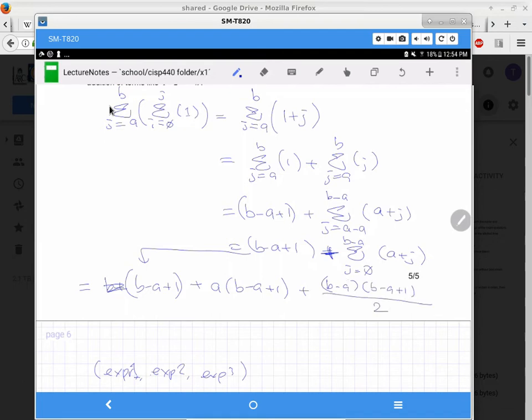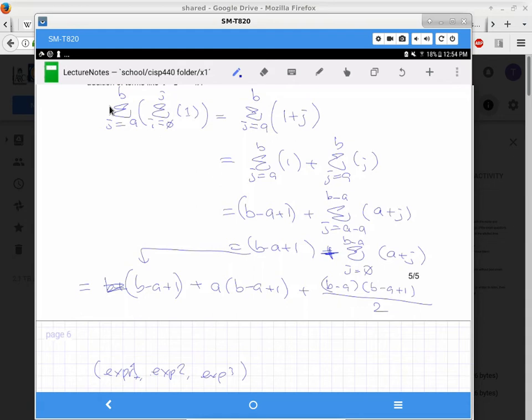So that becomes the answer. You can simplify if you want to, but I don't really need you guys to simplify this. If you get to this one, it's good enough because it's already quote-unquote closed. There is no sigma in it anymore. Is that okay?